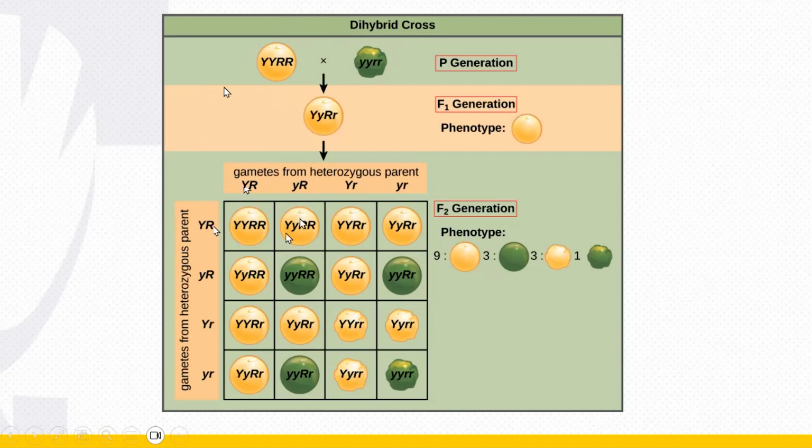And when we go over this for the assignment where we're going to do our own Punnett square, this will be a little bit better. You'll get a better understanding of how to do these different crosses.